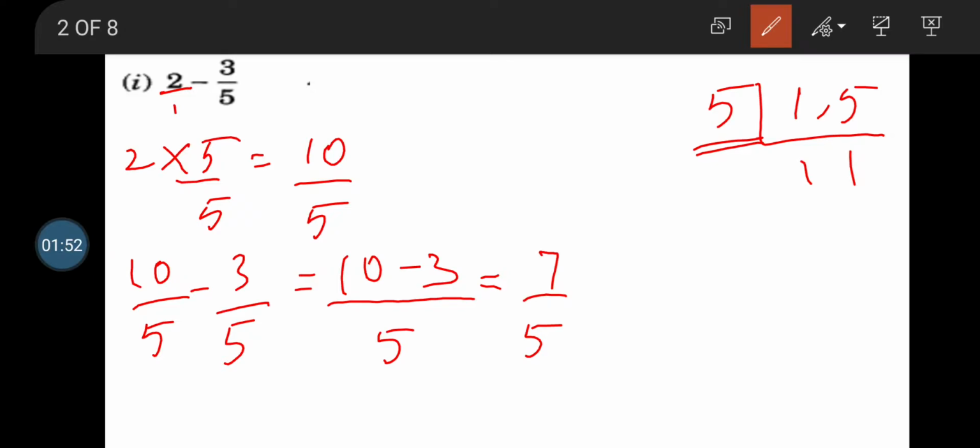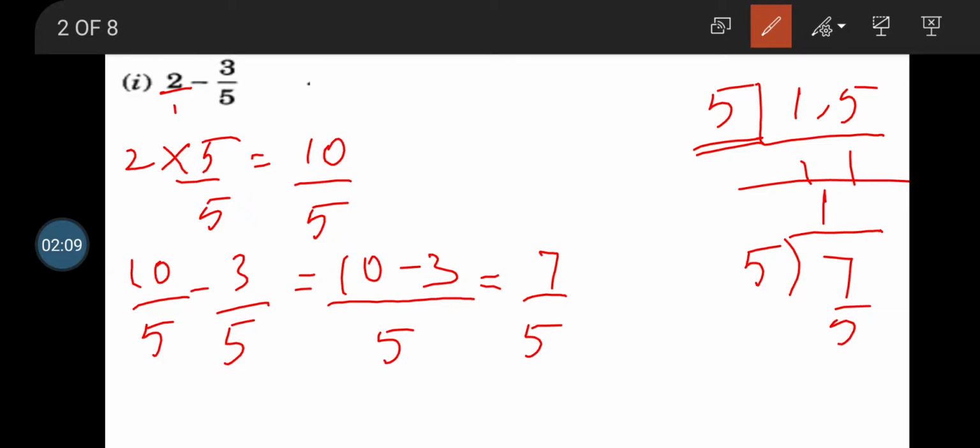So we need to make it into a mixed fraction. In order to make it into a mixed fraction, divide 7 by 5. So normal division. How many 5s are there in 7? It is 1. The quotient is 1.